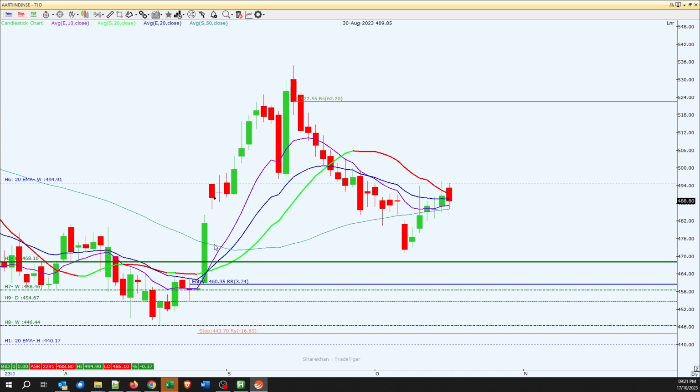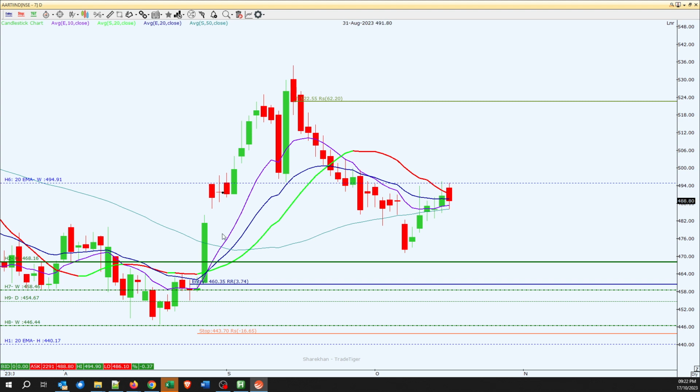So either way, I don't want to miss this, and I'm getting a decent 1:3.7 risk to reward here. So what I'm thinking is, I'll enter at around 460 with a stop loss below 443. However, if you don't want to take a very aggressive entry like I am here, I don't mind getting a smaller risk to reward so that I get an entry confirmation.